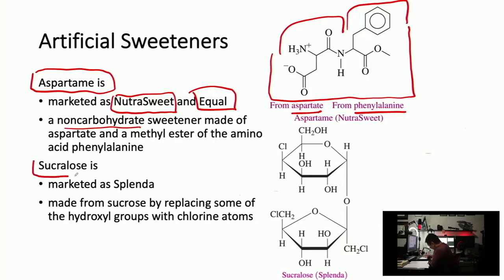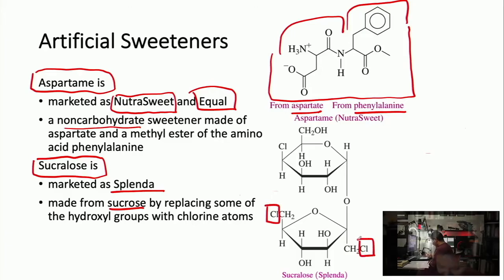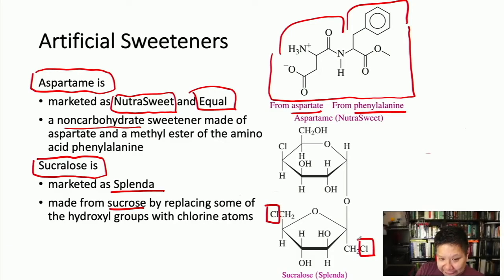Sucralose, though, that is a derivative of a sugar. It's marketed as Splenda, and it actually comes from sucrose. And the difference between it and sucrose is that sucralose has these 2 chlorines on there instead of hydroxyls.